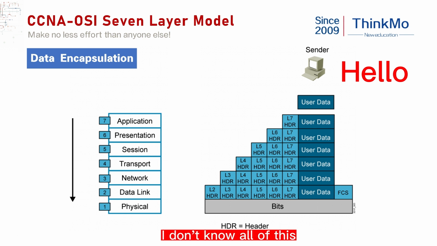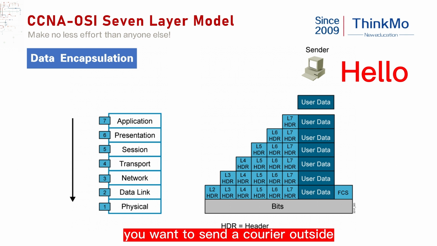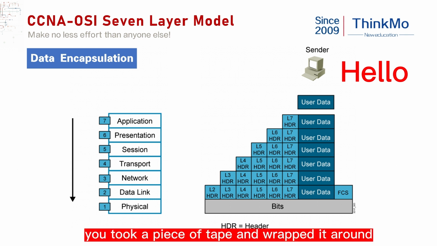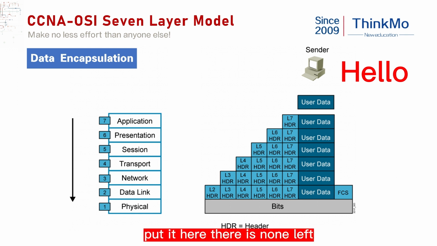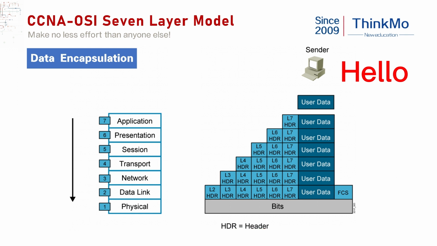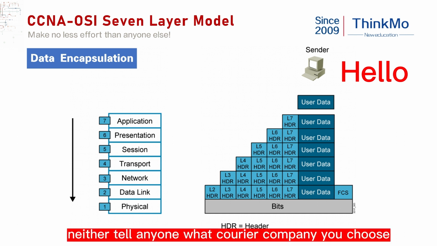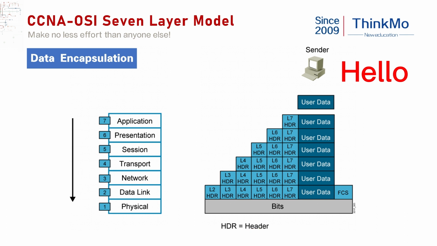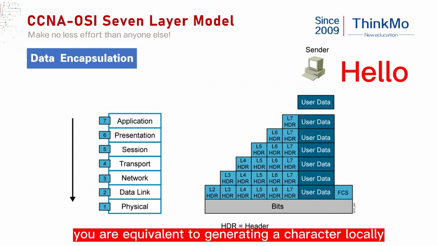I don't know all of this. It's like you want to send a courier outside. You've packed it and wrapped a piece of tape around it, and that's all. You neither tell anyone what courier company you choose, nor who your device is, nor where you send the courier. Then you can't send this data. Can you understand? It is equivalent to generating a character locally.